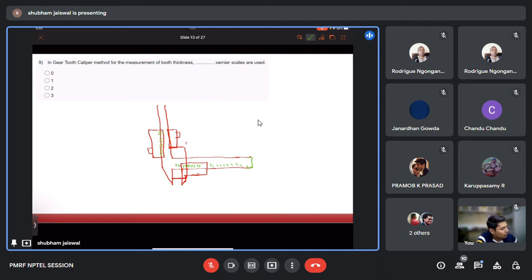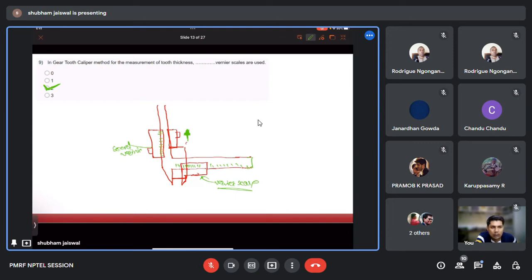So here you can see we have one vernier scale, and here we have a second vernier scale. Using this vertical one, we fix the height same as that of the addendum, and then using this second vernier scale, we measure the tooth thickness. So in the gear tooth caliper, we use two vernier scales.